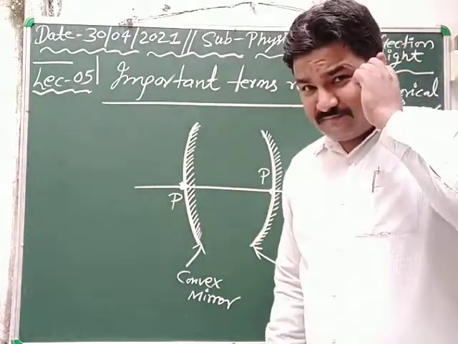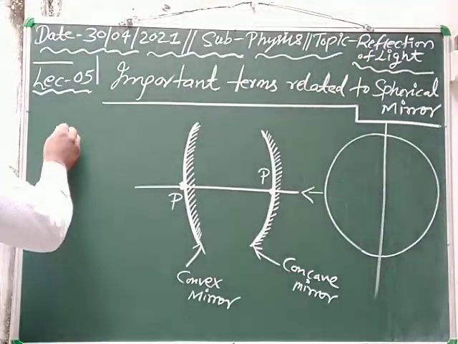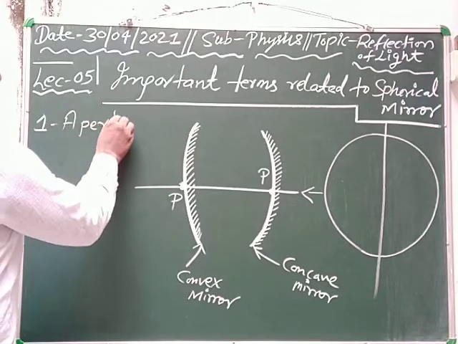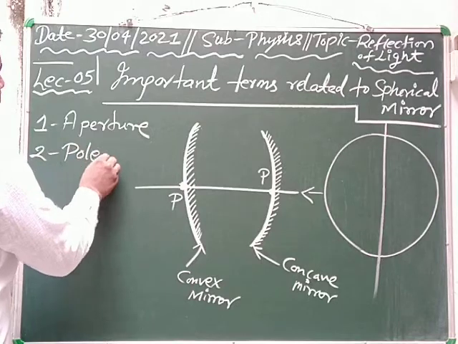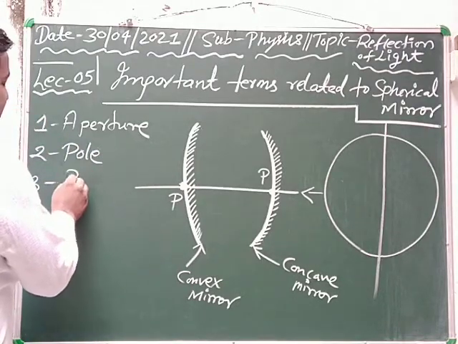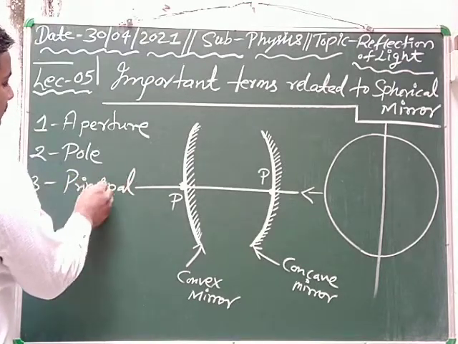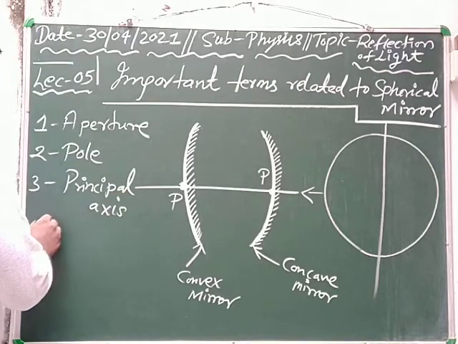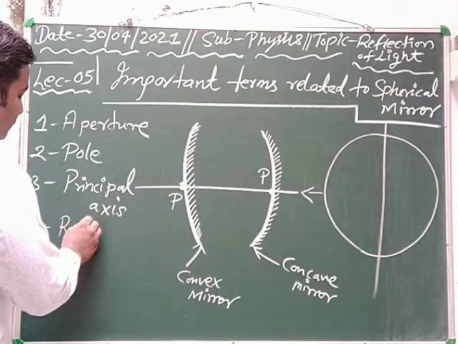Let's see one by one. First point, aperture. Second, pole. Third, principal axis. Number 4, radius of curvature.